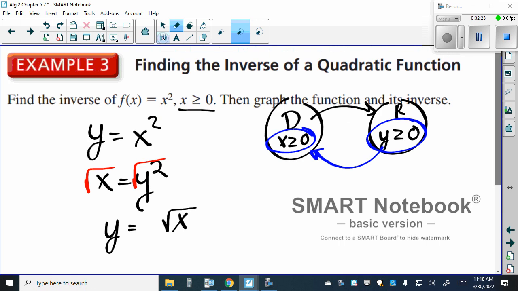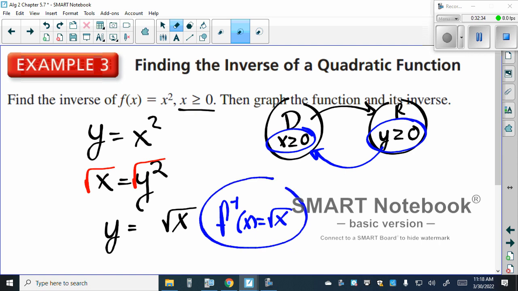So for our inverse here, f inverse of x is just the square root of x. And that's why we get that there. Because of those restrictions with what the values of x can be, it has to stay positive. Because the negative square root of x would have been dealing with the other half of that quadratic, the part that we removed.